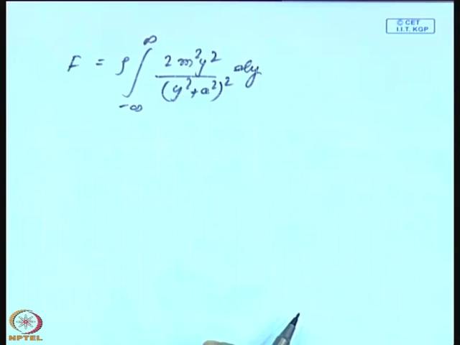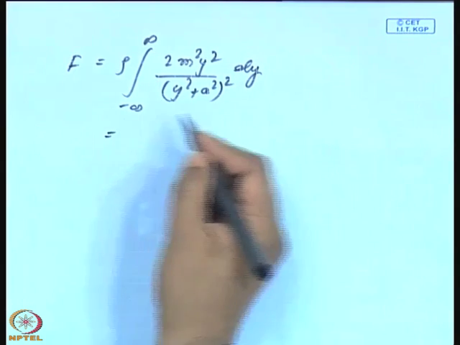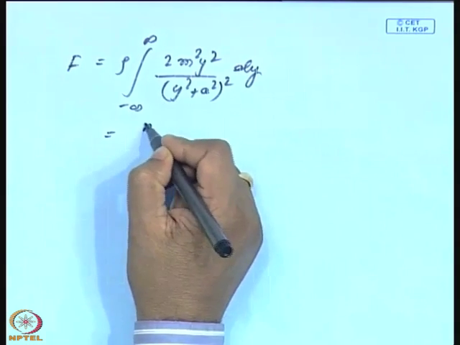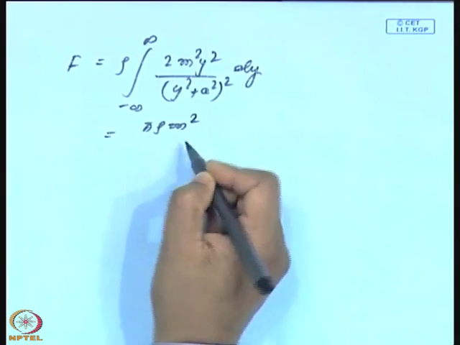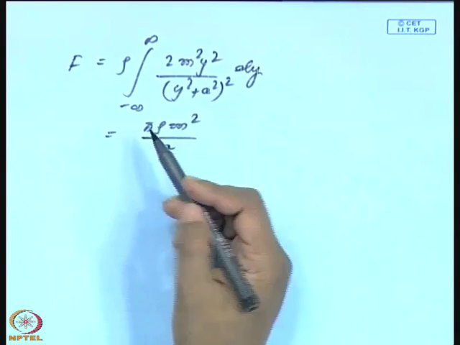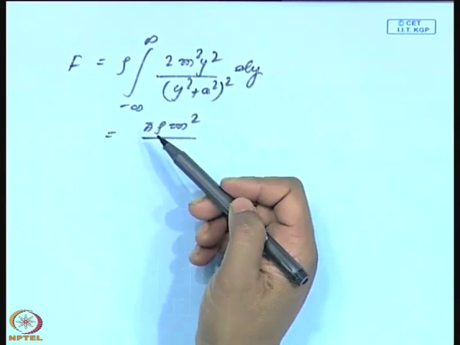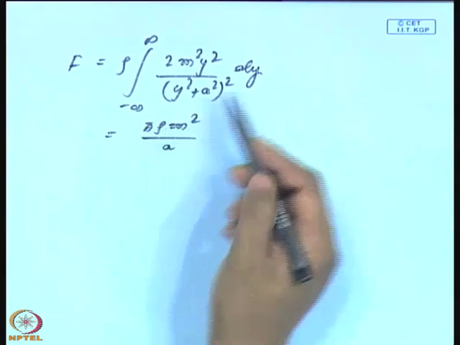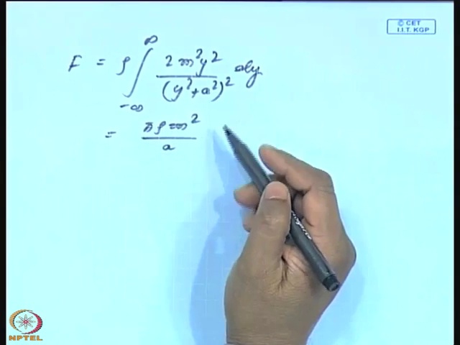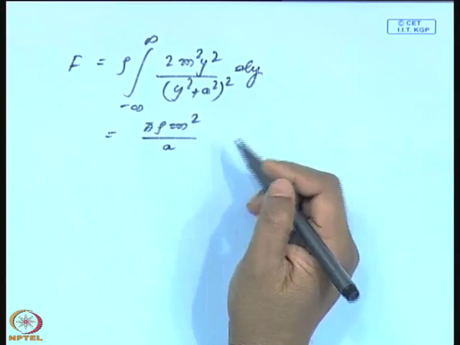If we calculate this, it gives pi rho m square by a, because basically we substitute for the pressure and integrate, and this is per unit breadth of the wall.